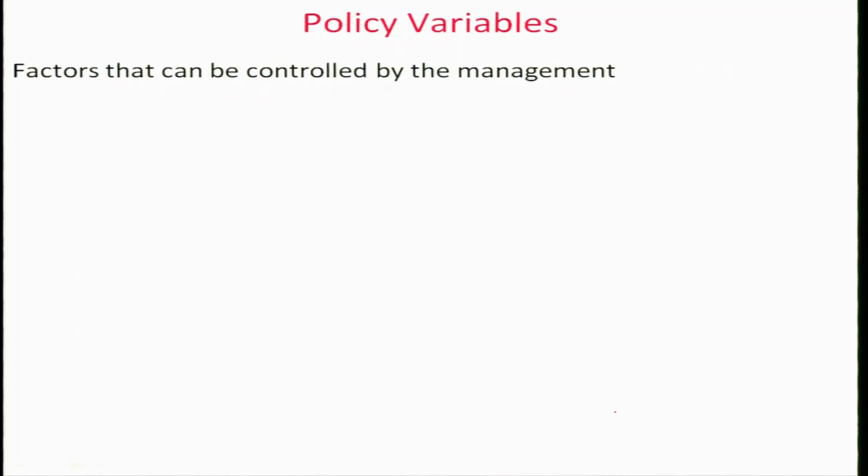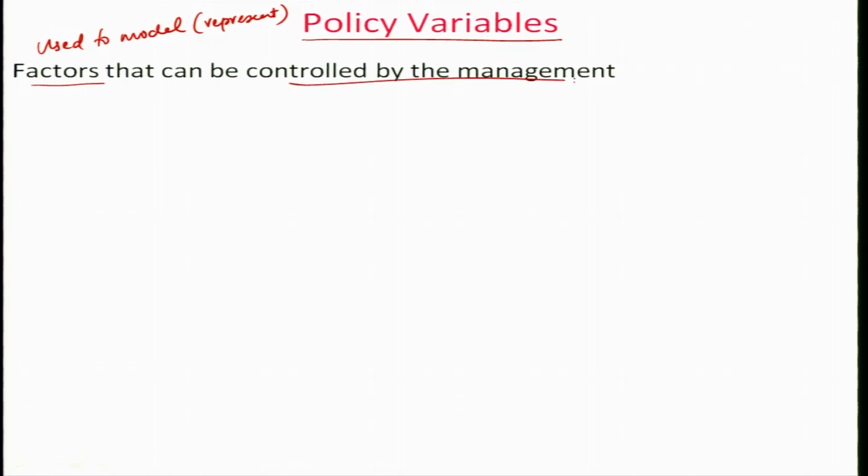Now, from there you will get into what we call the policy variables. Okay. Policy variables are interesting because, ideally speaking, these are the factors that can be controlled by the management.